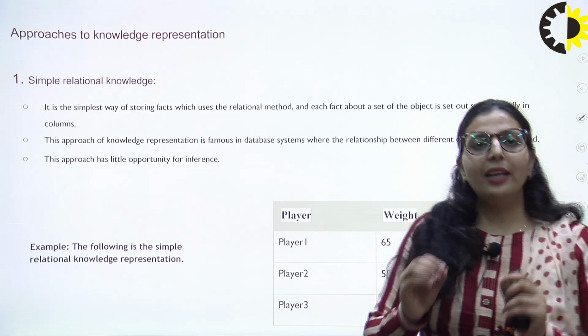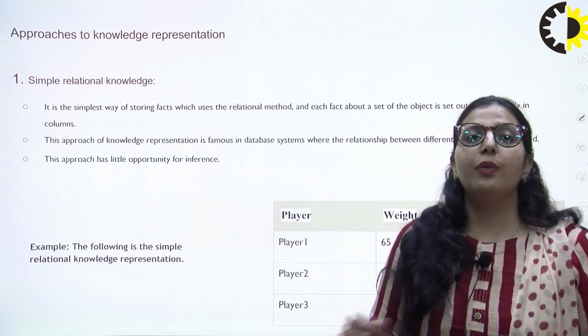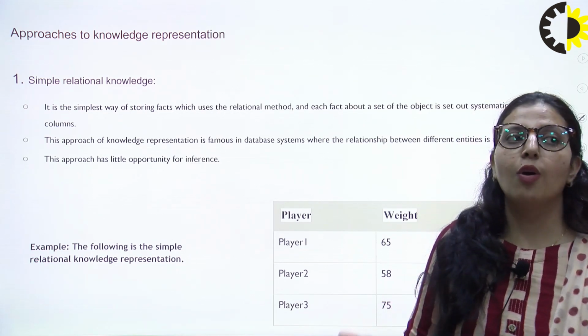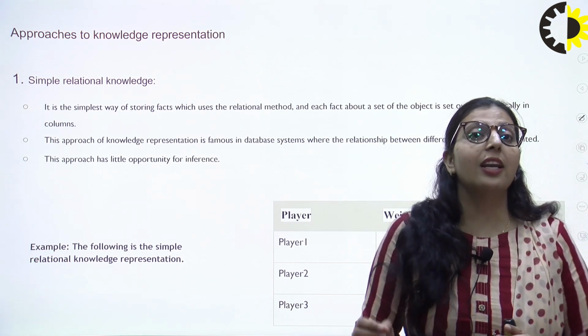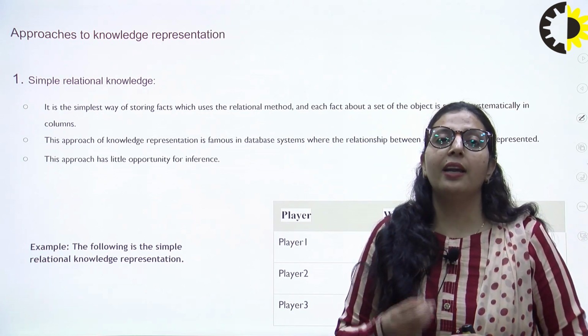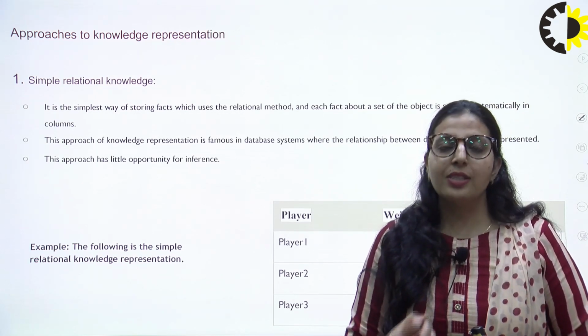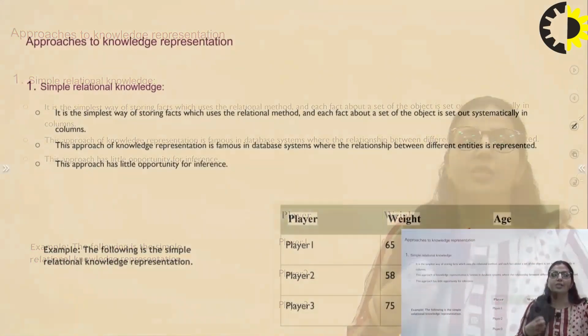In tabular form, we can easily identify the relation between the different entities or objects, easily fetch the information or conditions, and then plan the actions accordingly.